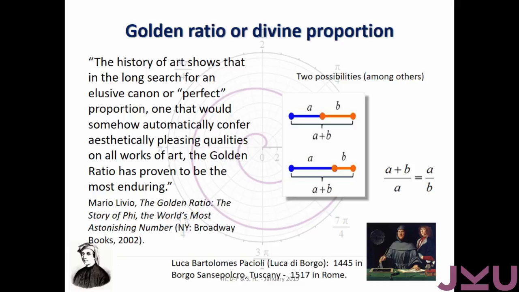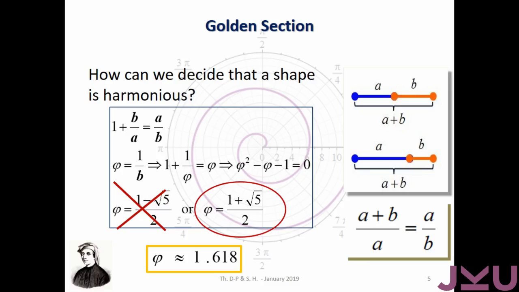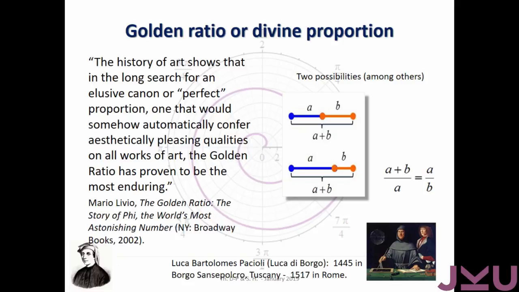Actually, we will see that we can have two reverse directions in this building. One is top down, and one is down top. And so we can build rectangles, and we can also cut rectangles. But the name divine proportion was coined by this man.